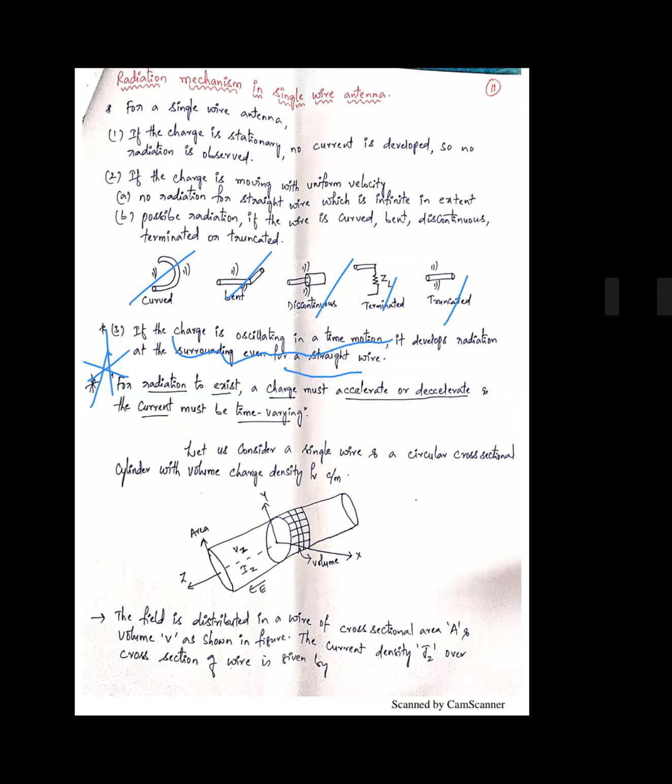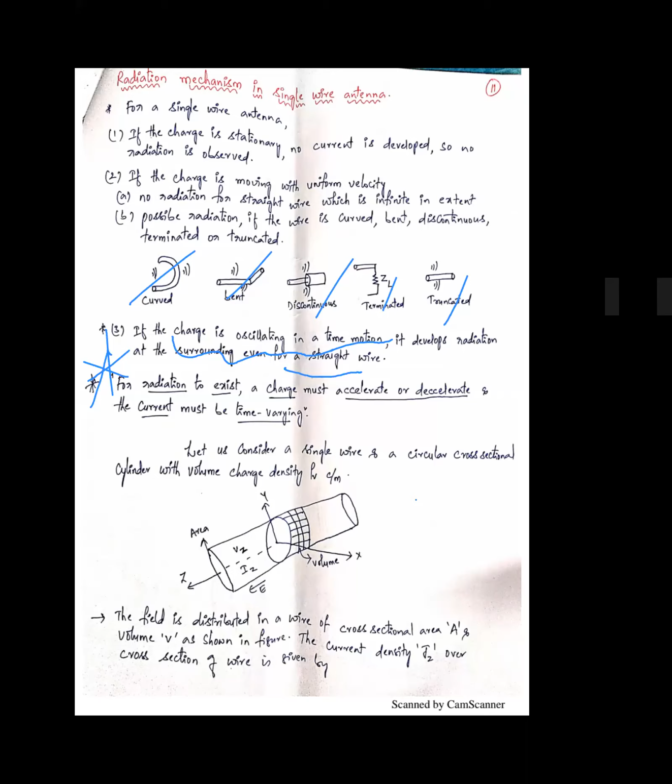Second point from case 2, now radiation is possible for a wire which is curved, bent, discontinuous, terminated and truncated. Case 3, radiation is also possible for a straight wire if the charge is oscillating in time motion. I think you understood these three cases.